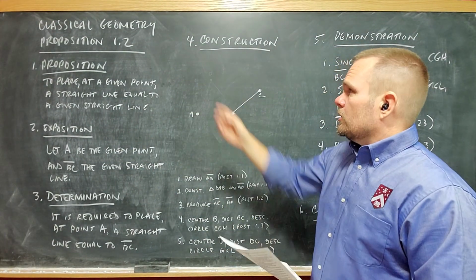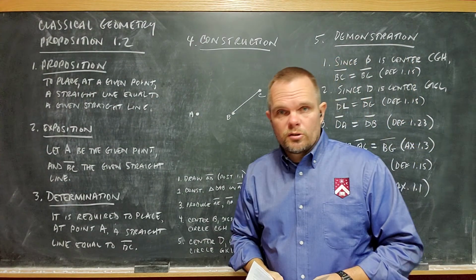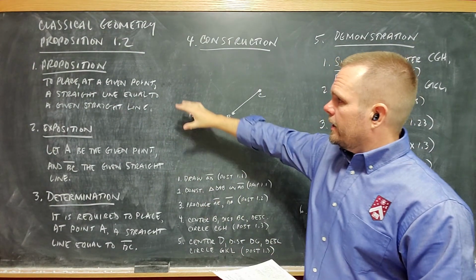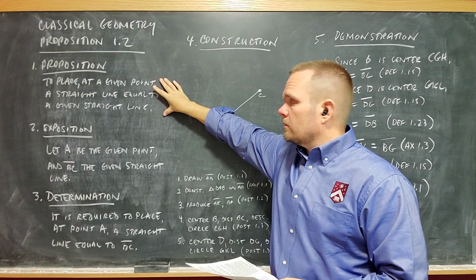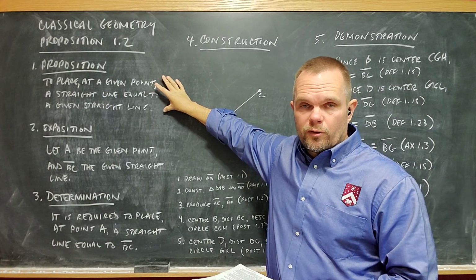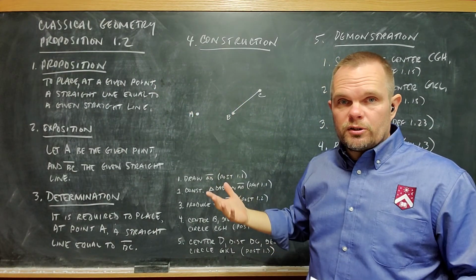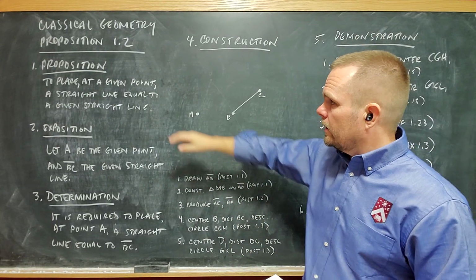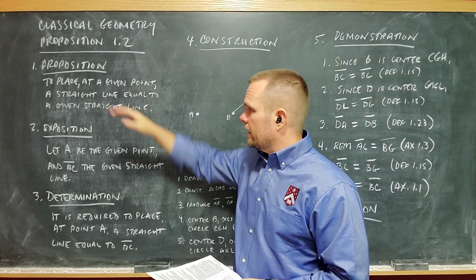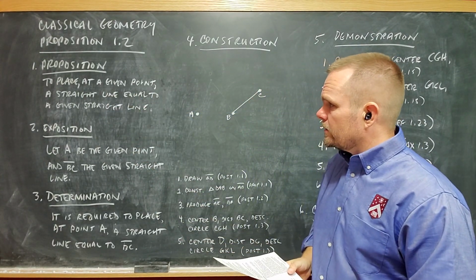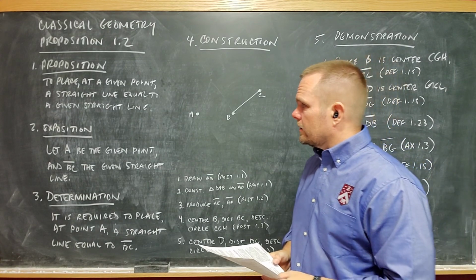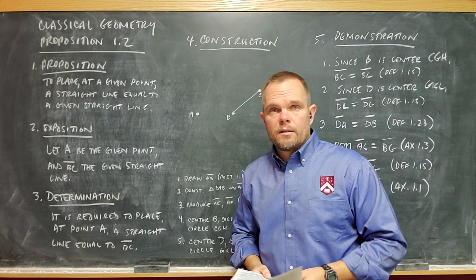Okay, so in Proposition 1.2, the task for us is laid out in the proposition, which is the first part of the proposition in general. Our proposition says to place at a given point a straight line equal to a given straight line.